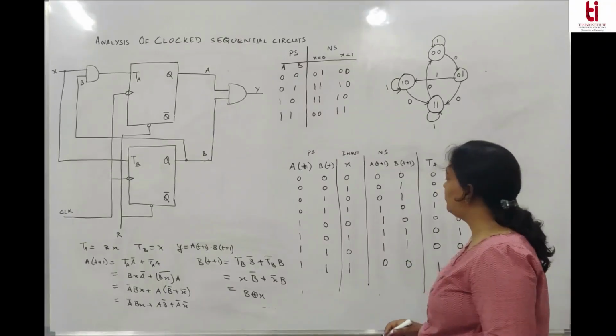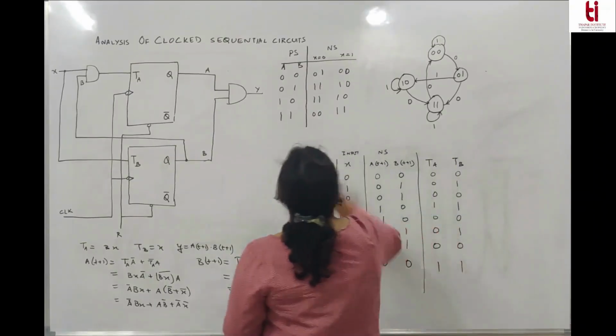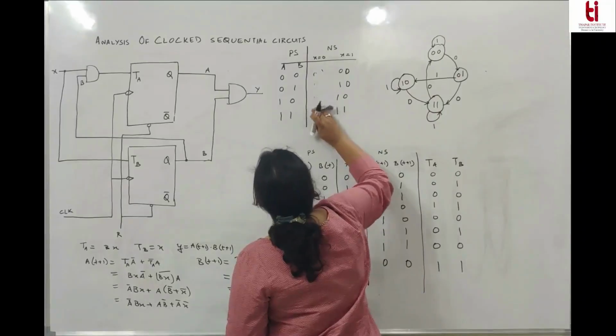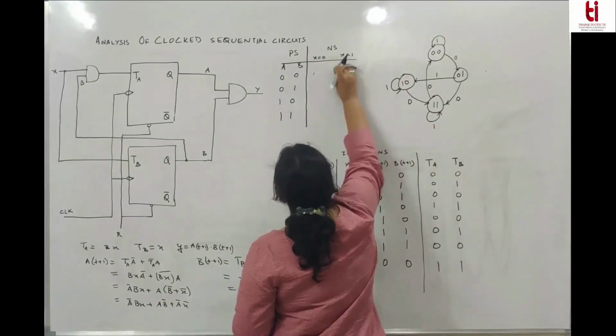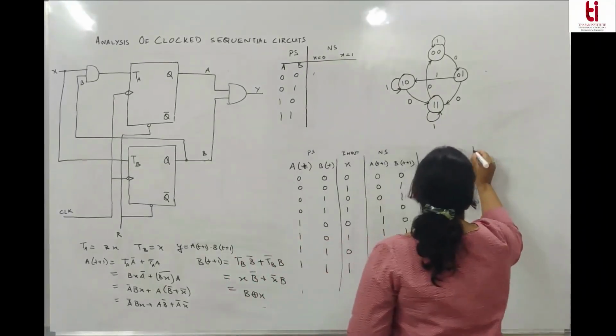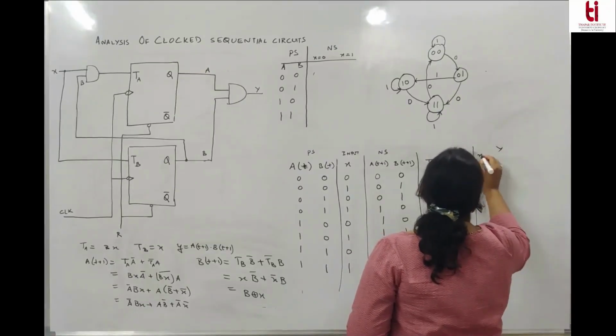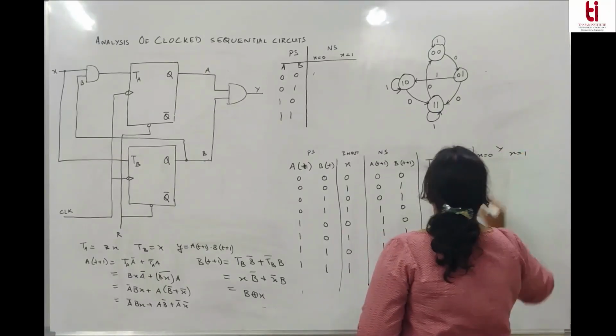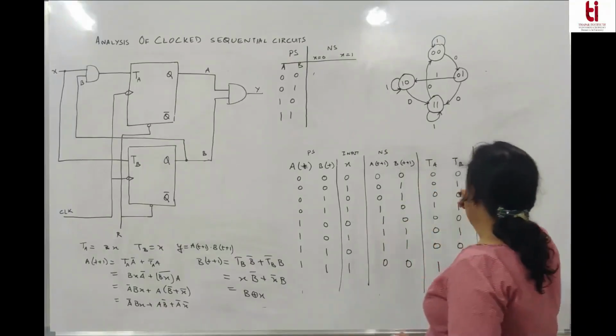So this is the state table for the given function. And we can write the output also. What is the output? Output Y is the ANDing of these two.